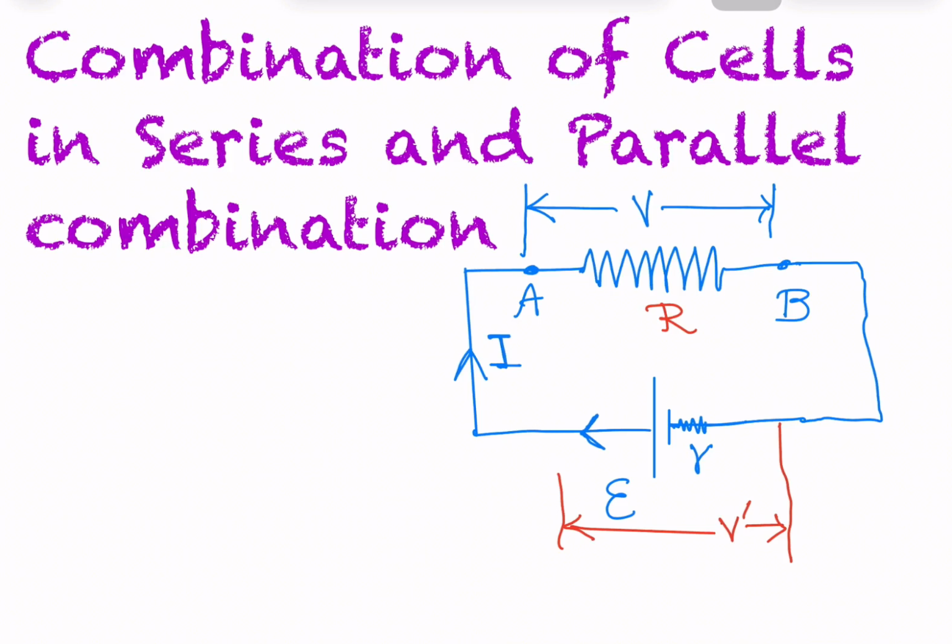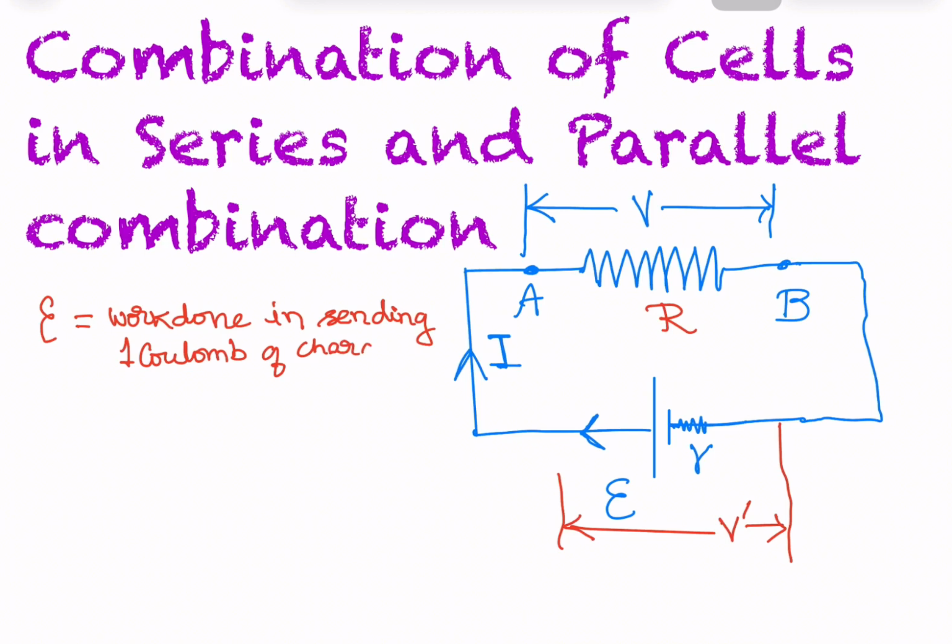By the definition of EMF of a cell, EMF of a cell is nothing but the work done in sending or driving 1 coulomb of charge from one end of the cell to the other end in the external circuit.